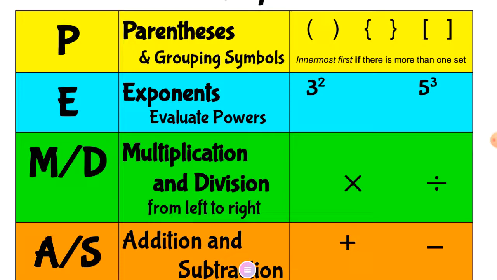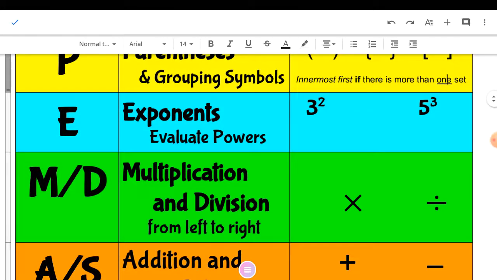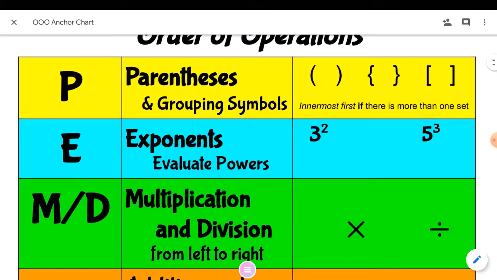The most common is the parentheses, which we're familiar with. These are called brackets, like the box parentheses. The box parentheses. And these fancy parentheses are called braces, okay? Those are all considered grouping symbols, and in order of operations problems, we have to do that first, okay? We always look for that first.